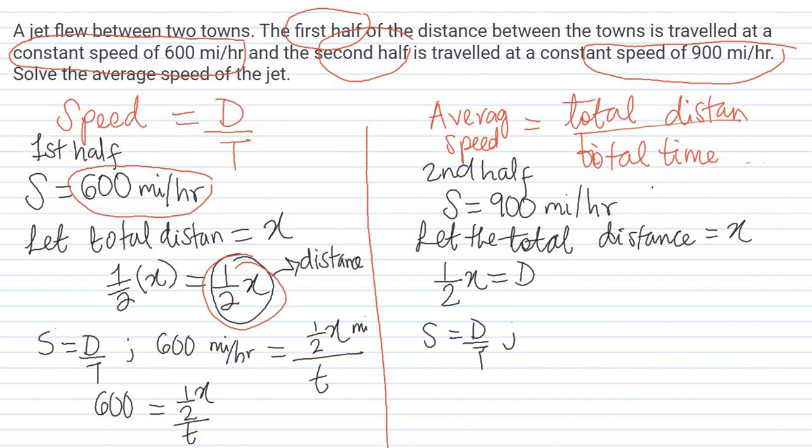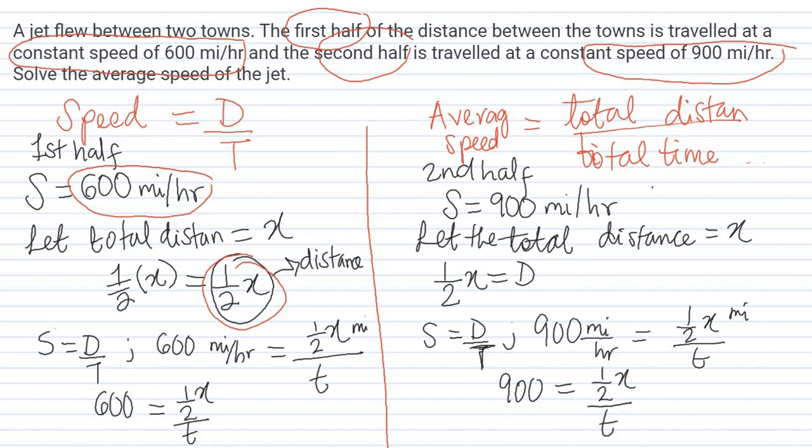That's going to be, speed here is 900 miles per hour equals 1/2 x miles over time. So that will be 900 equals 1/2 x over time. So that's what you do here. You have this and have this. So we're going to go to the next page and continue solving.